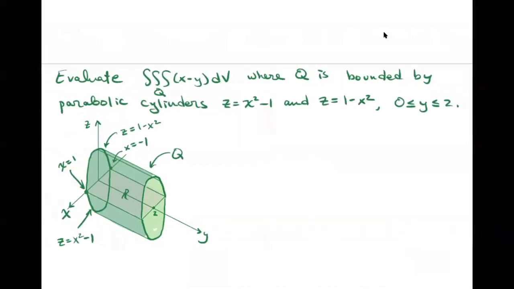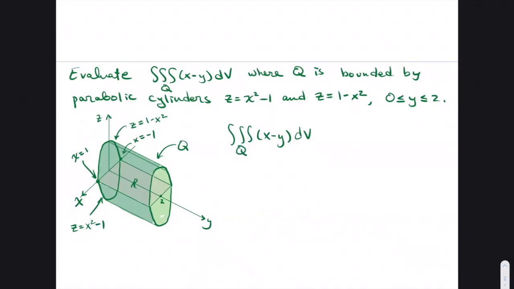Okay, so here we go. Triple integral of x minus y dV over Q. As we say, this can just be thought of as a double integral over the region R down there in the xy plane with an integral inside of it of our function x minus y.